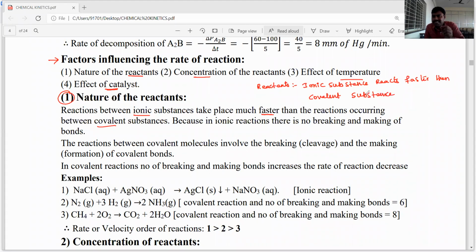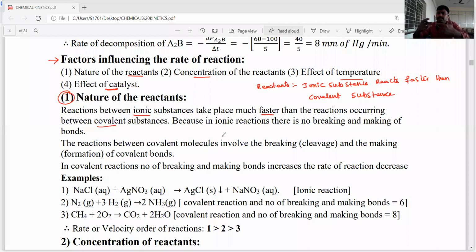Why is the reactivity of covalent substances very low when compared to ionic substances? If you observe, in covalent molecules the bond is formed by the mutual sharing of valence shell electrons between the atoms. Then what happens, dear students?